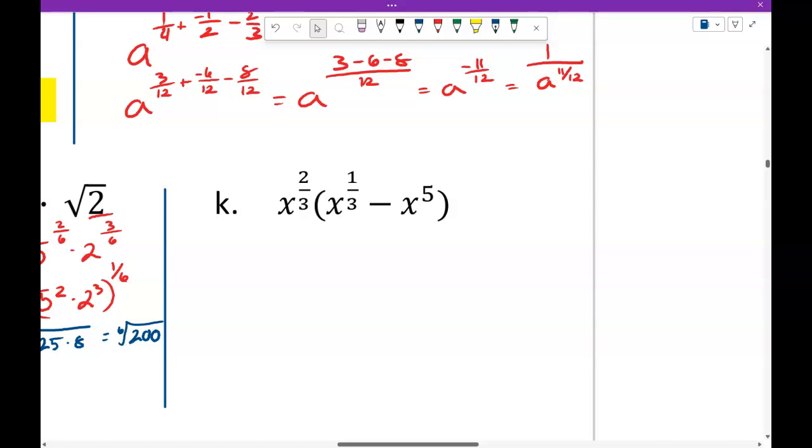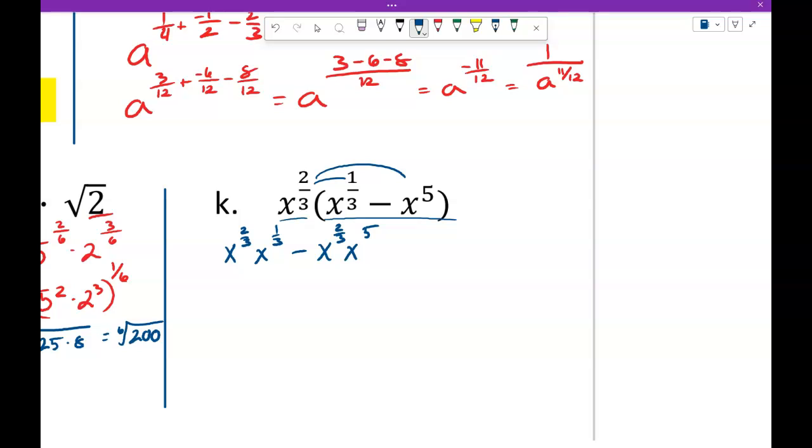And last but not least, we have an expression and a binomial. So we'll apply our distributive property, x to the 2/3 times x to the 1/3 minus x to the 2/3 times x to the 5th.